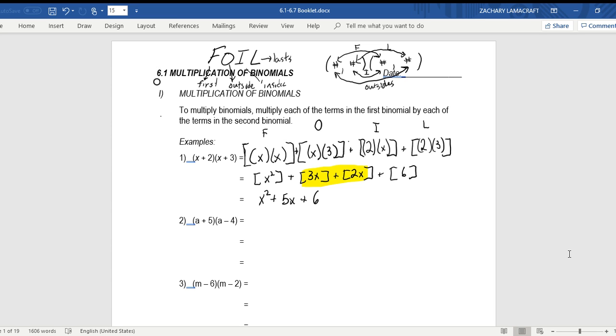If we go to our next example, we're going to do the exact same thing. So use FOIL again. If we set up our brackets, our firsts would be A times A. Our outsides would be A times -4.